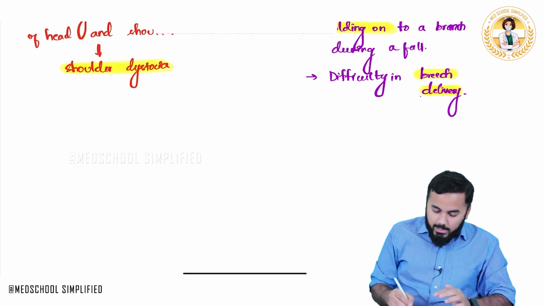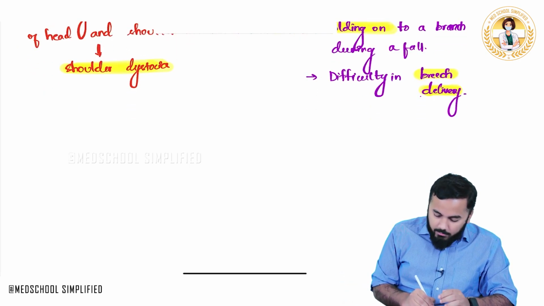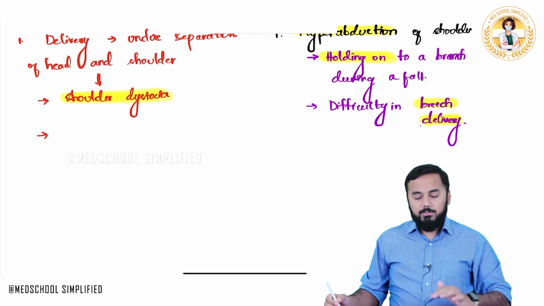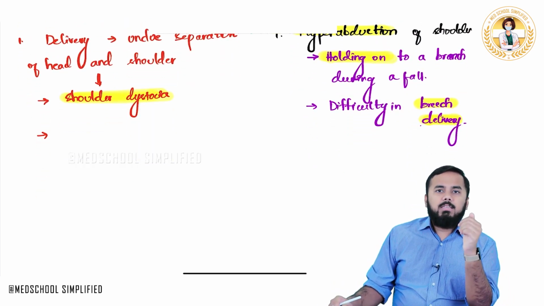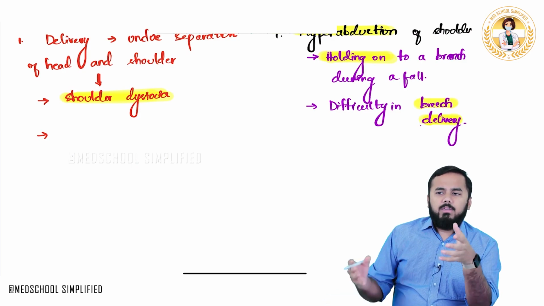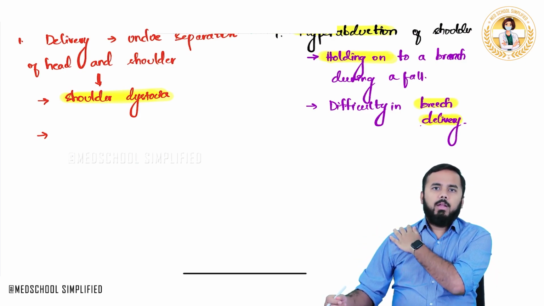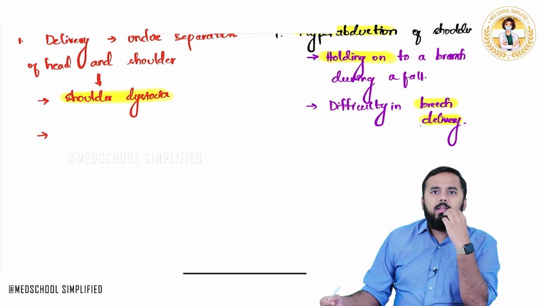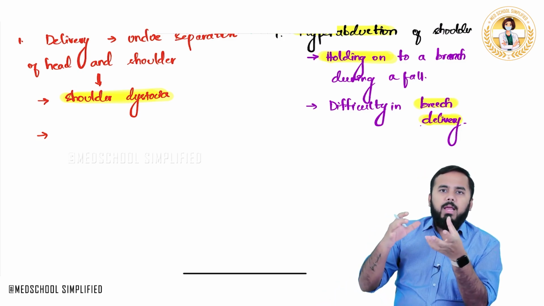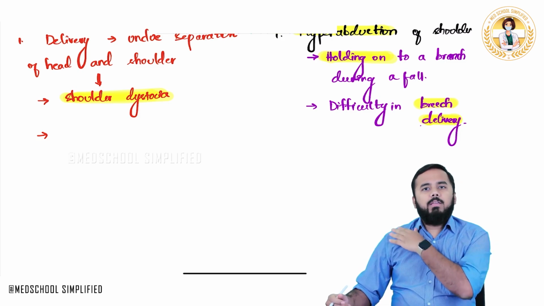The next example I would like to give in case of Erb's is, for example, if a heavy weight has fallen on my shoulder. Let us say I am sitting under a tree and a very big thick branch of the tree falls on my shoulder.